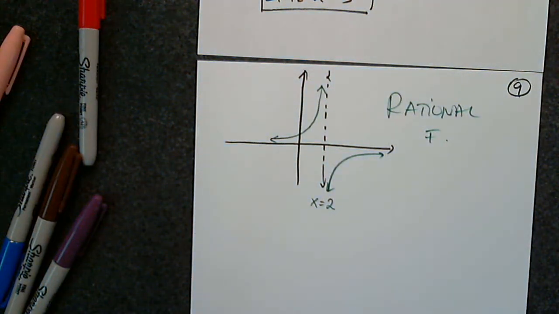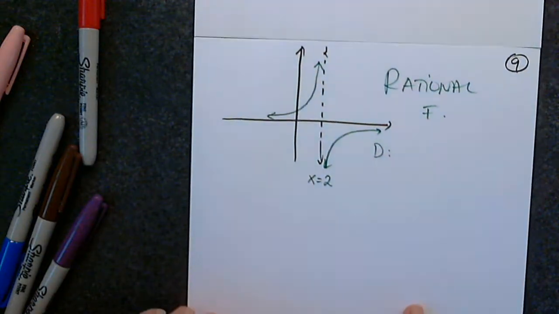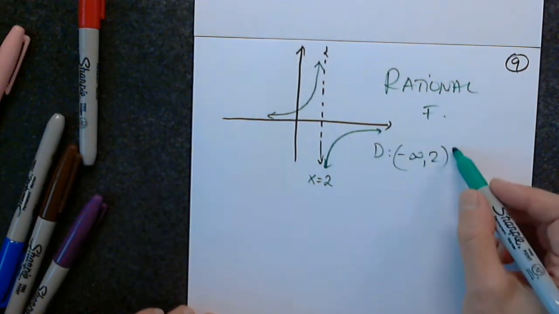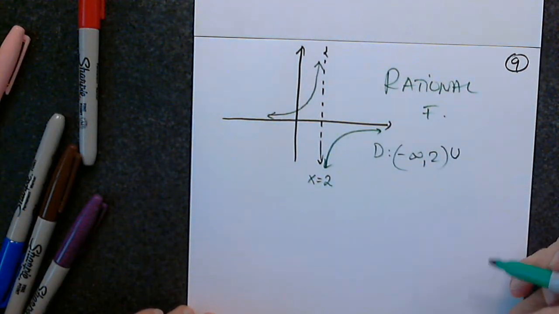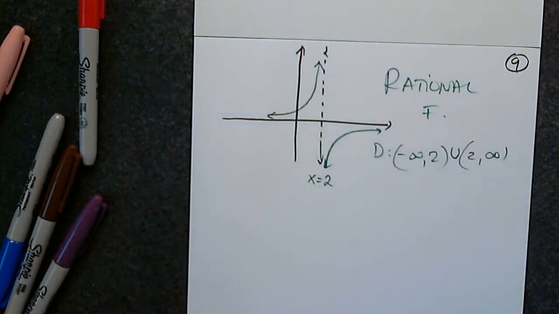We have not gotten to graph those. We will extensively in chapter 3. But now I'm going to ask you just to identify the domain and range. What is the domain of this function? Negative infinity to 2, and then 2 to infinity. That's it. So this function exists for any x value except when x is 2.